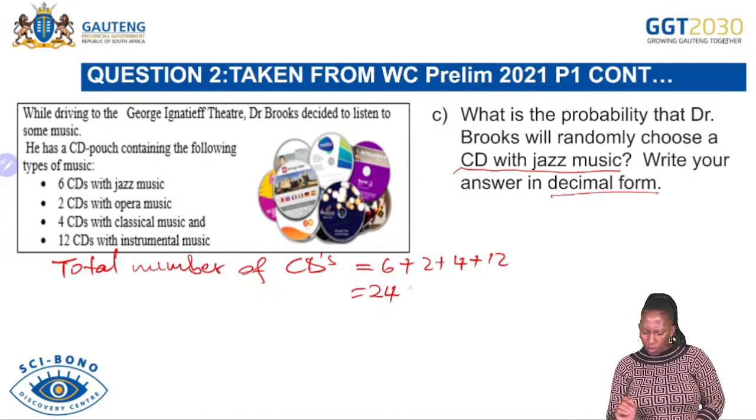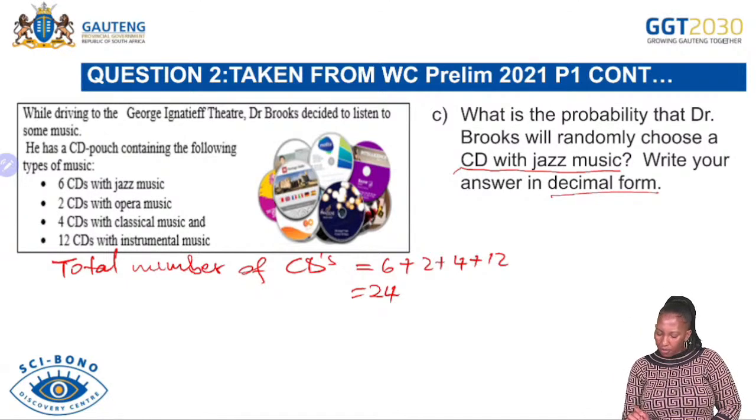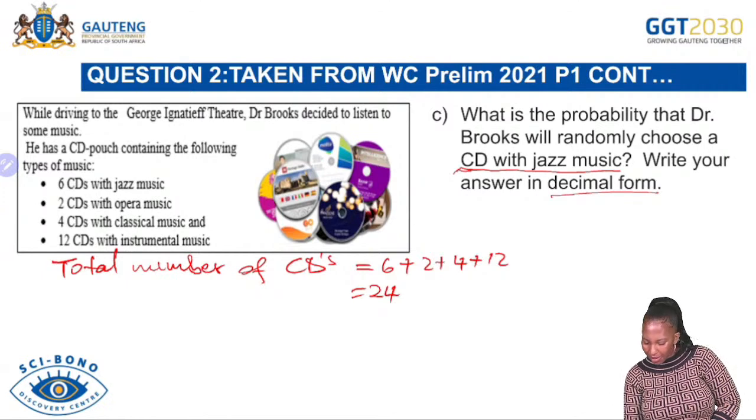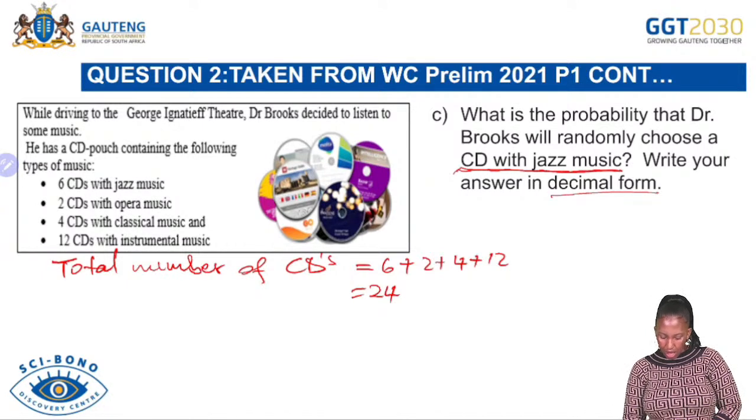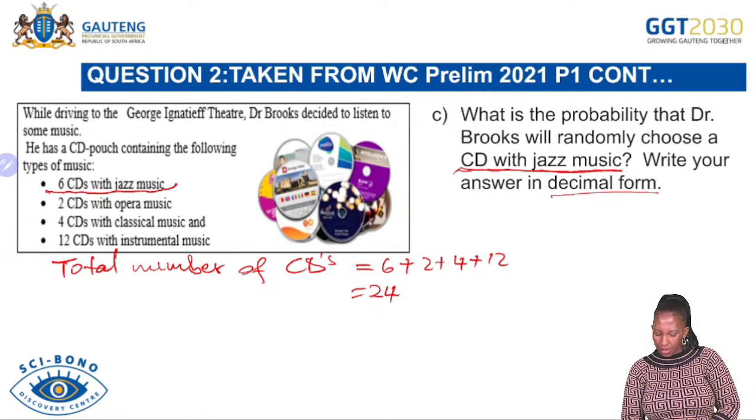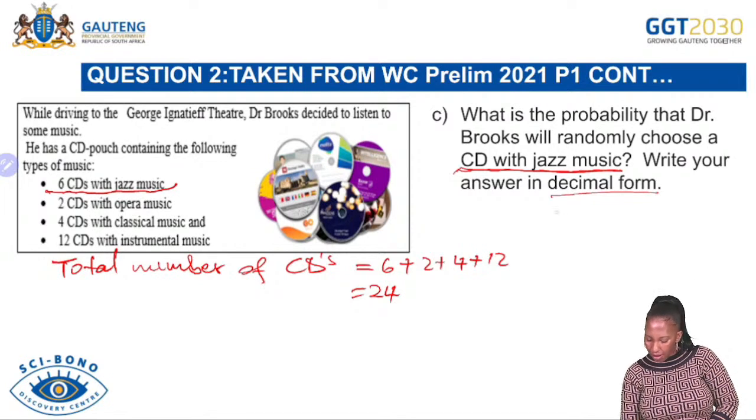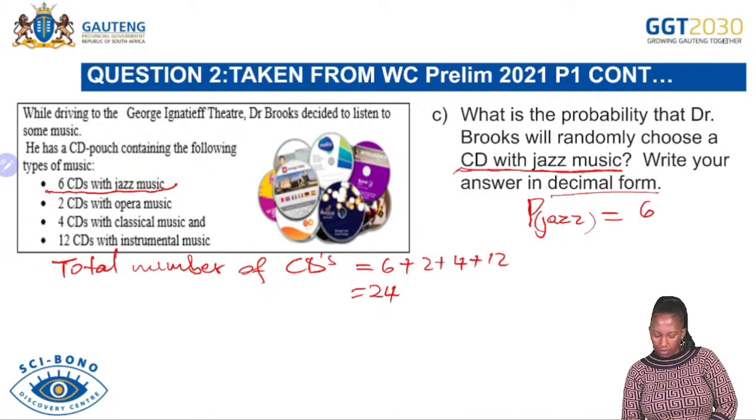Now we want to know the probability of choosing a CD that is a jazz music. Now, jazz music, how many CDs of jazz music? There are 6 jazz music CDs. And then we say P, probability, jazz. There are 6 CDs of jazz music out of the total number of CDs in the pouch, which is 24.